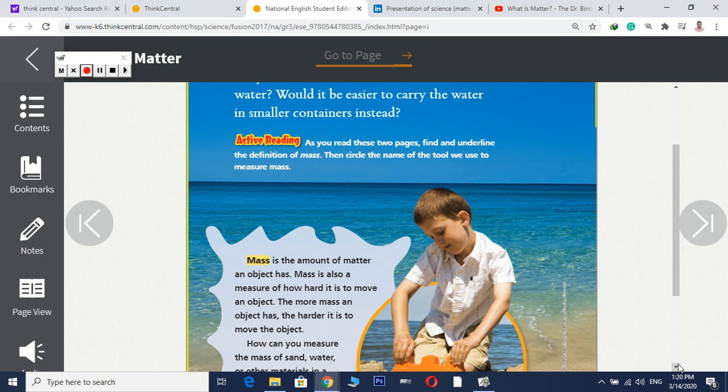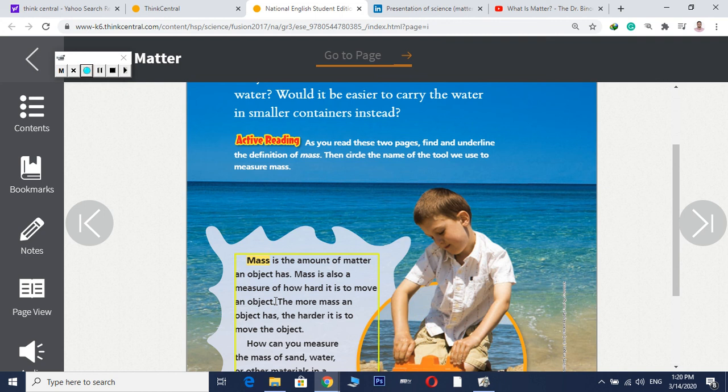First of all, mass is the amount of matter that the object has. Underline with me. Did you underline it? Mass also is a measure of how hard it is to move an object. Sorry for that. So mass also measures how hard it is to move something.